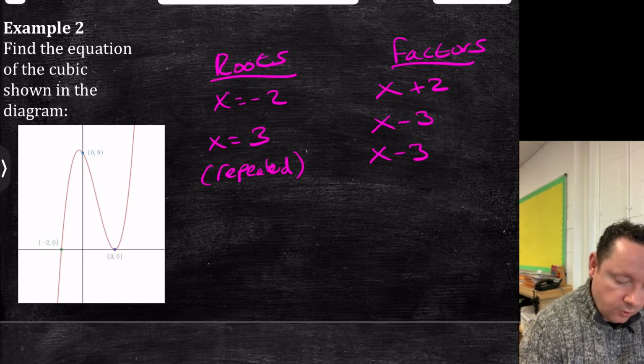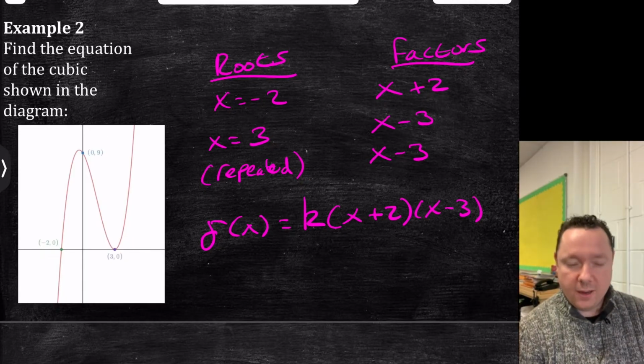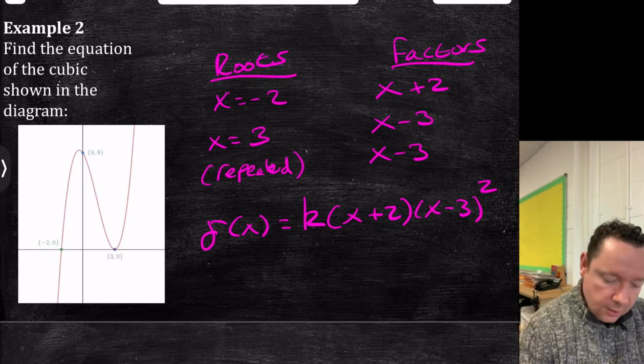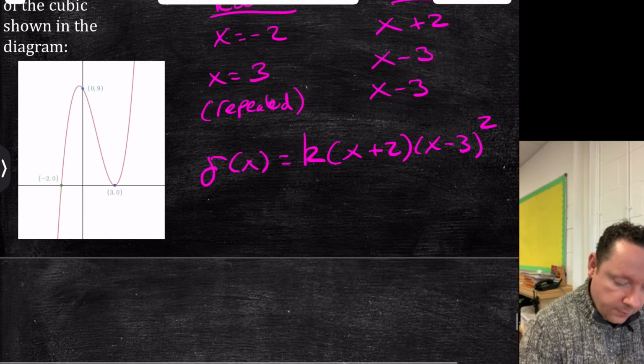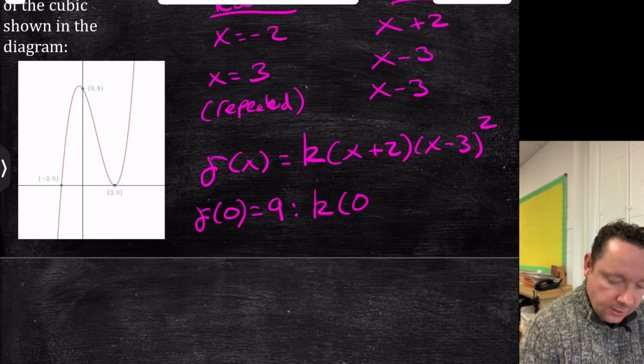So we can now say straight away that f of x is equal to k, some number, times x plus 2 times x minus 3. And you can write x minus 3 again. Let's write squared. Now we can just sub in our point. So the point is 0, 9. So when x is 0, y is equal to 9. So that gives us k, 0 plus 2, 0 minus 3 squared equals 9.